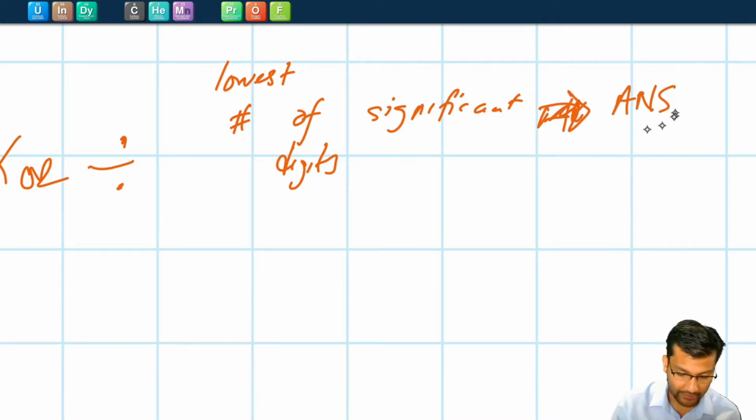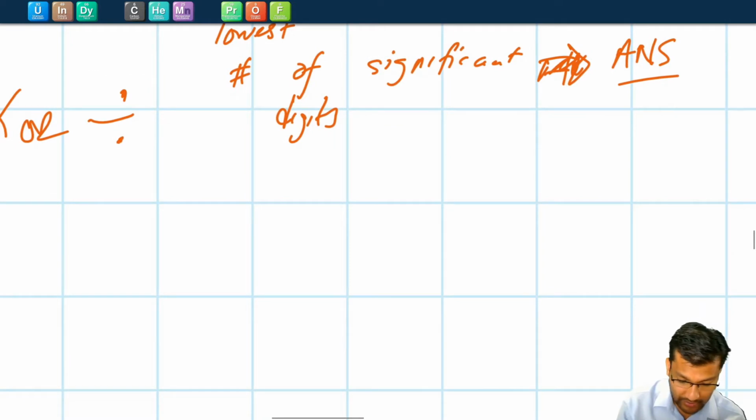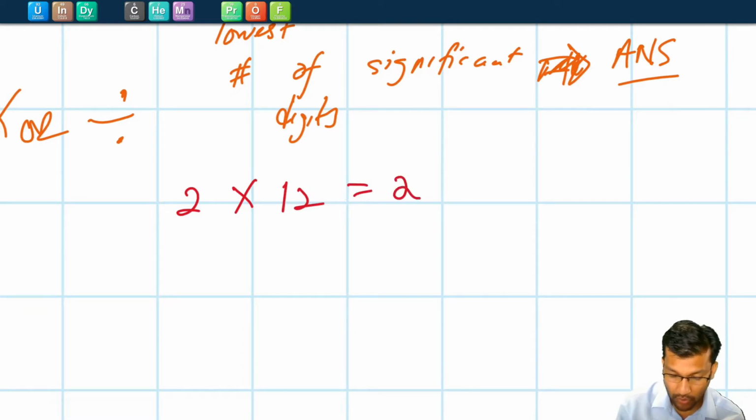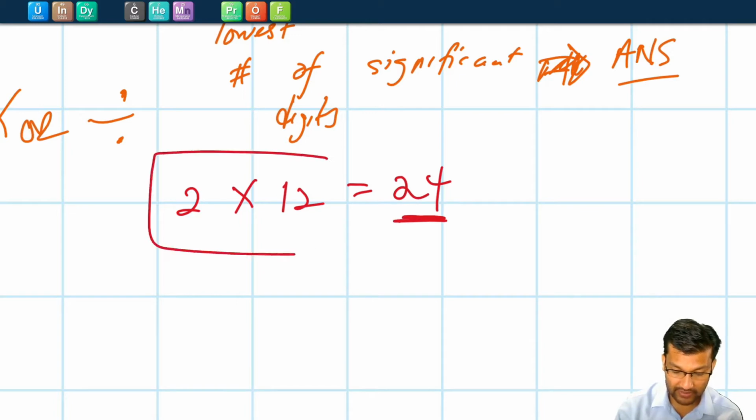Okay, so let's say you are multiplying 2 by 12. Our answer is 24, right? 12 times 2 is 24. But our answer should have the same significant figures as the lowest in the two numbers that we multiplied.